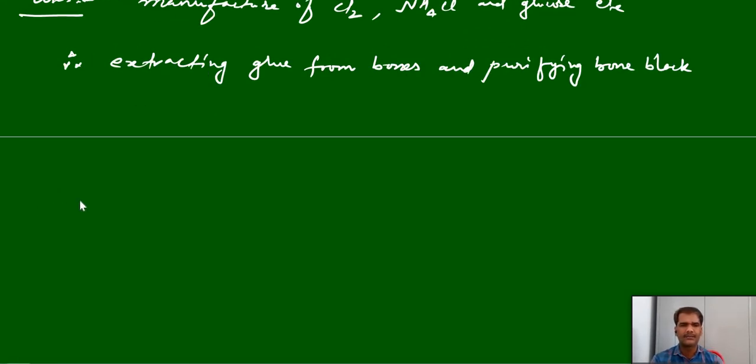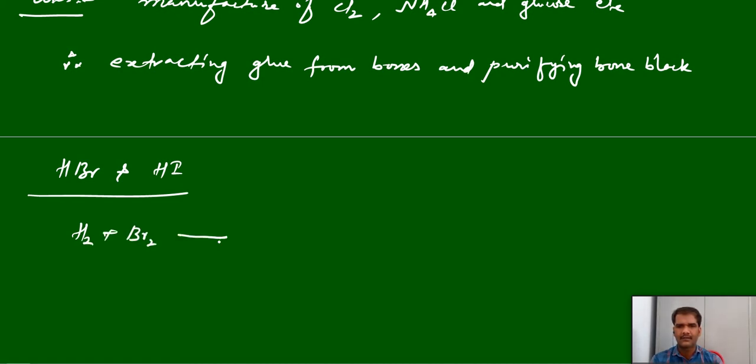Now we will see the remaining two hydrogen halides, HBr and HI. Together we will discuss them. We know that direct combination of hydrogen with bromine can give hydrogen bromide, but top to bottom reactivity decreases, fluorine, chlorine, bromine, iodine, so we require the help of a catalyst.